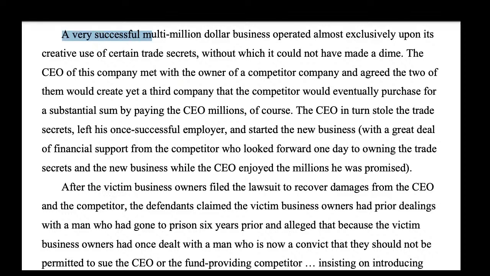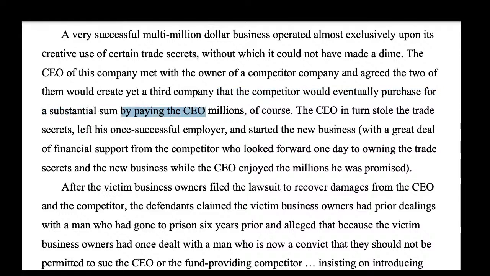A very successful multi-million-dollar business operated almost exclusively upon its use of certain trade secrets, without which it could not have made a dime. The CEO of this company met with the owner of a competitor company and agreed the two of them would create yet a third company that the competitor would eventually purchase for a substantial sum.